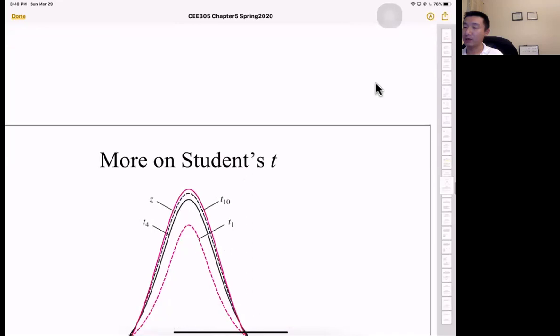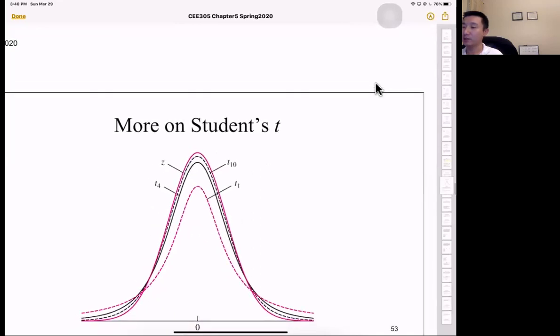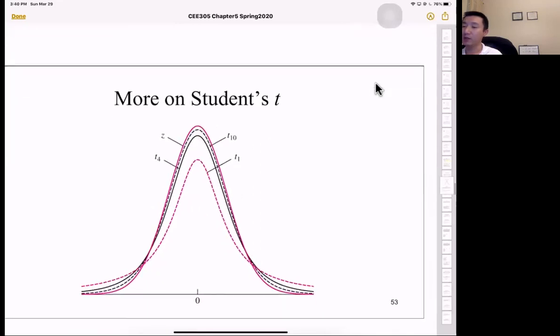And here we compare the student's t curves with different degrees of freedom. This is t1, which means the degree of freedom is 1. t10 means the degree of freedom is 10. As we can see, the smaller the degree of freedom, the higher the spread.